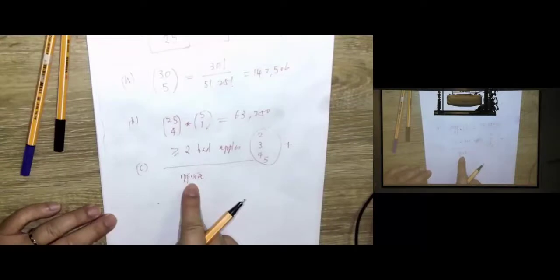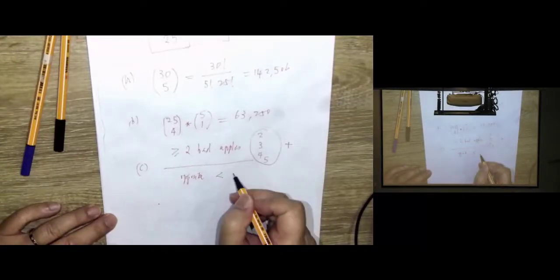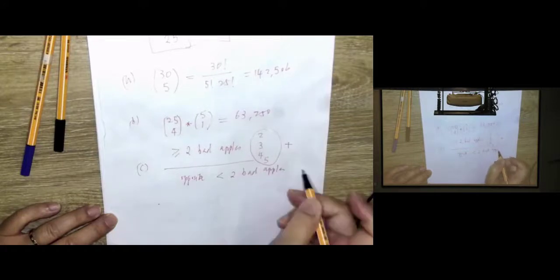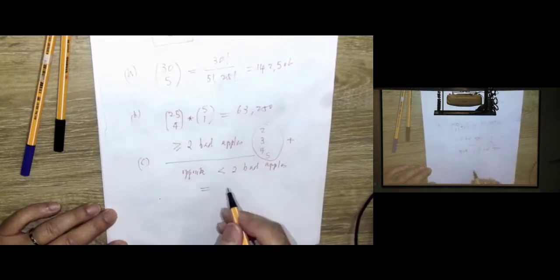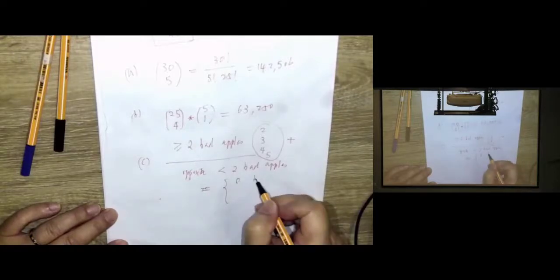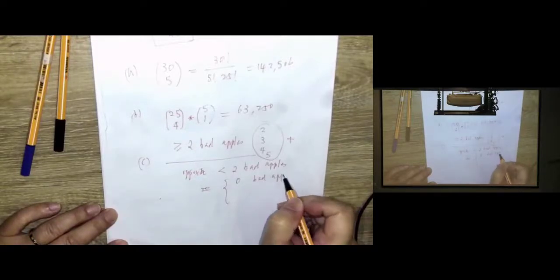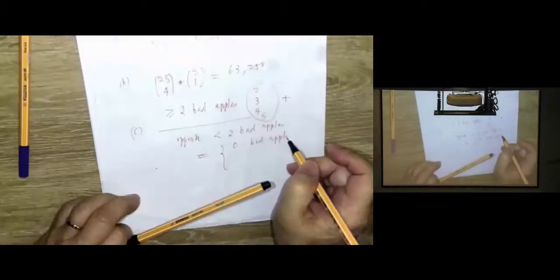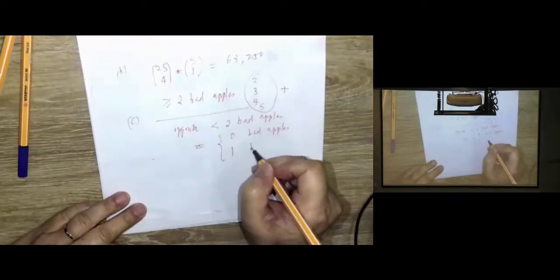But the opposite might be easier, less than 2 bad apples. And so that would consist of no bad apple, or 1 bad apple. Well, I think red doesn't show up that well.